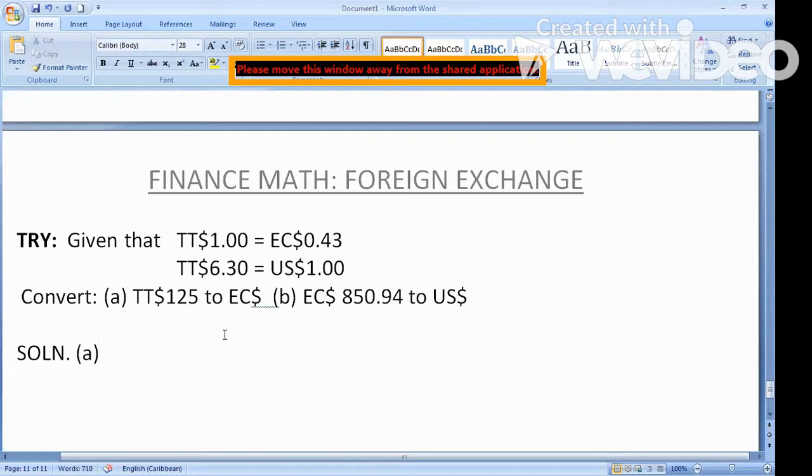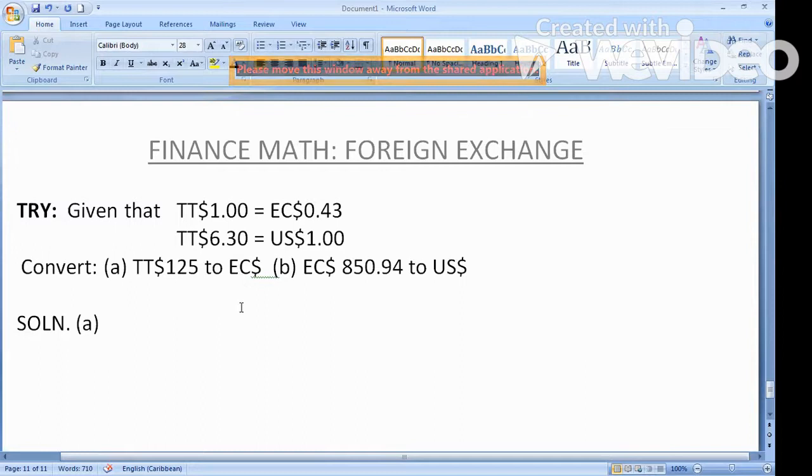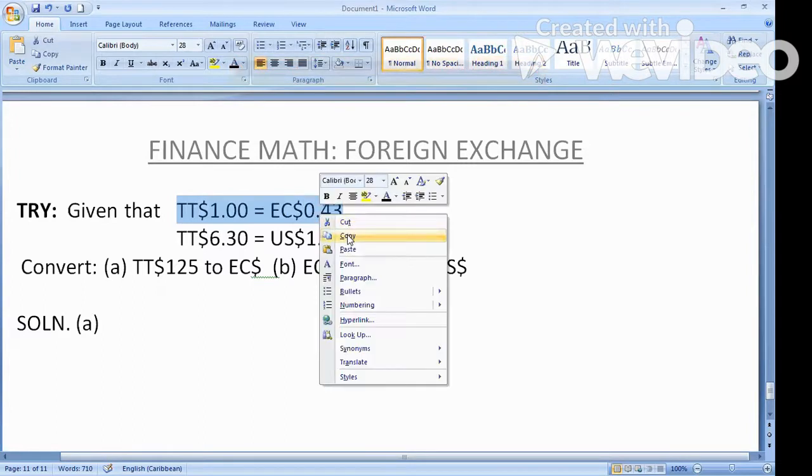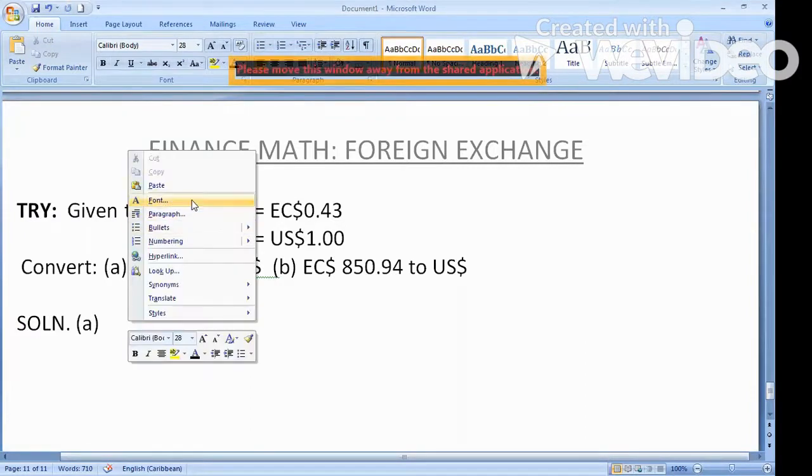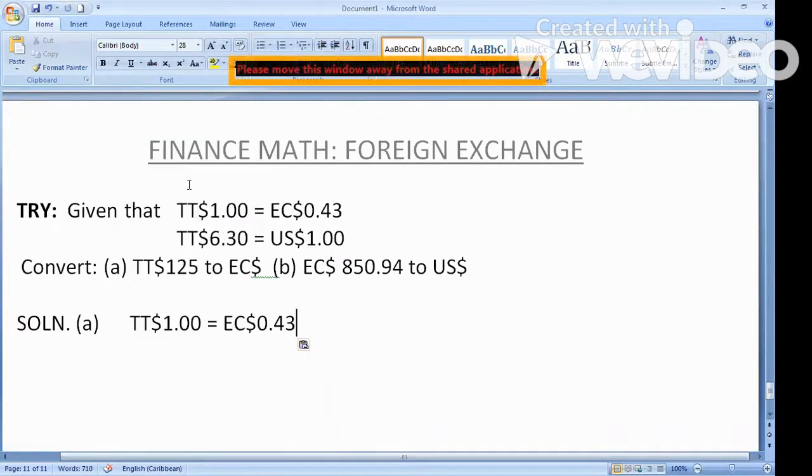So anybody want to guide me for A? What do I do? The first thing we do is write the exchange rate.